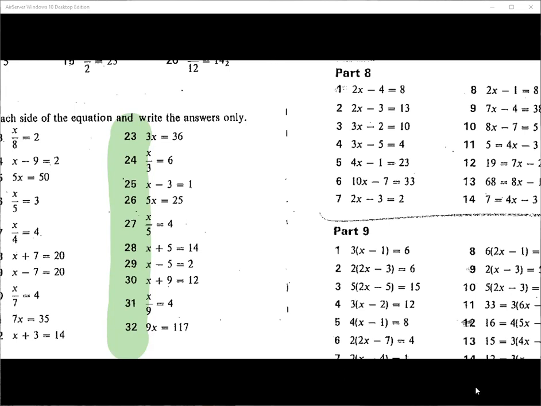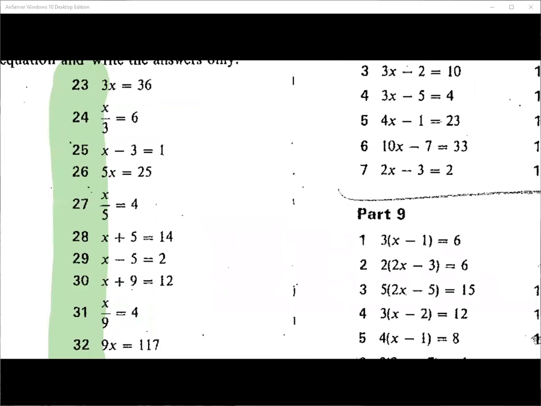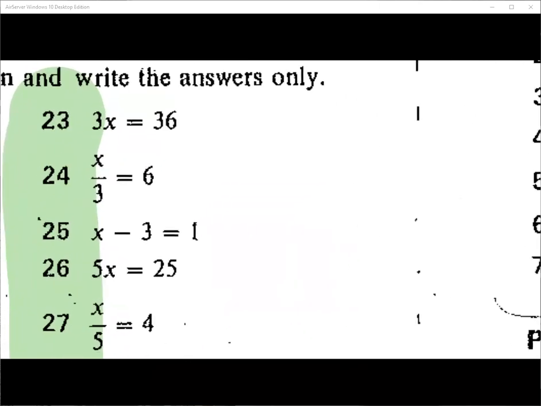Make sure you do the full method, please, whichever method you choose.